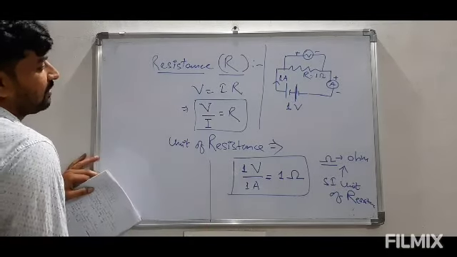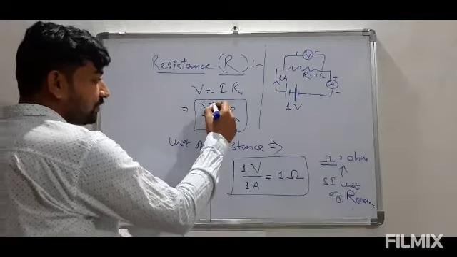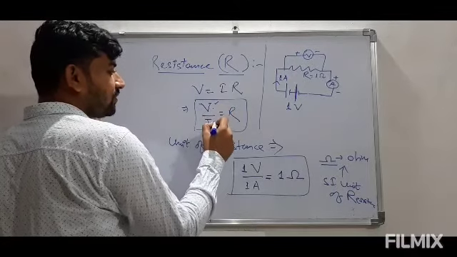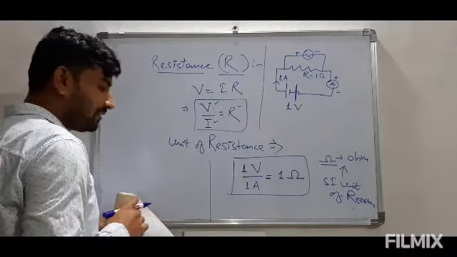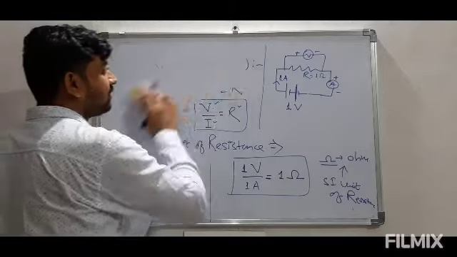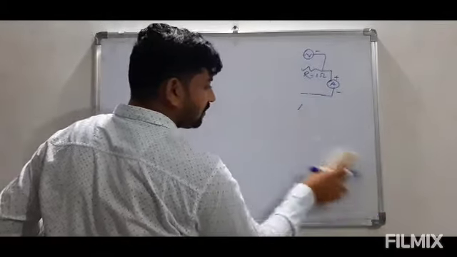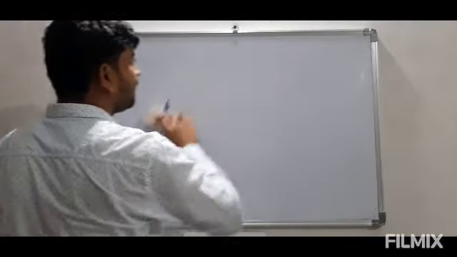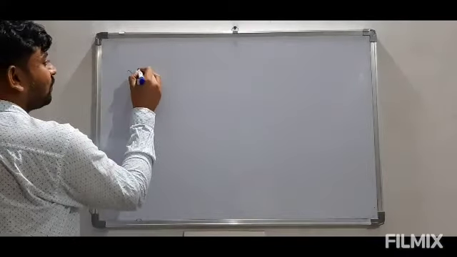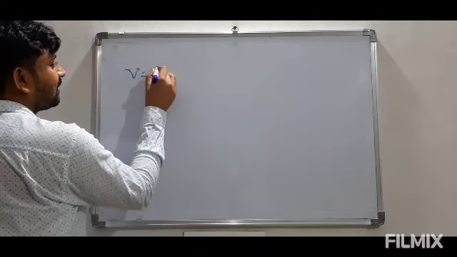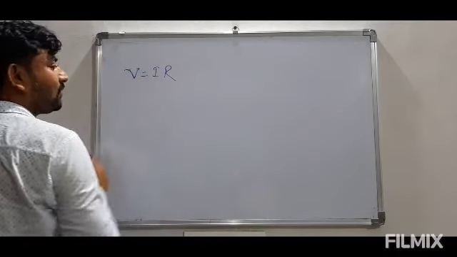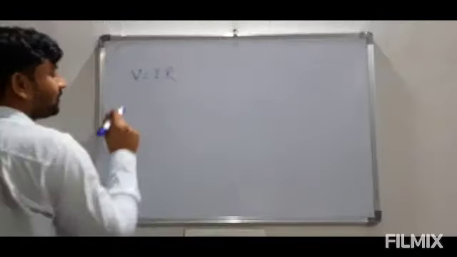Now let us talk about the relation between these three: voltage, current and resistance. This is very important to discuss, as we have to relate them all. As I told you, potential difference V equals IR from the original definition.